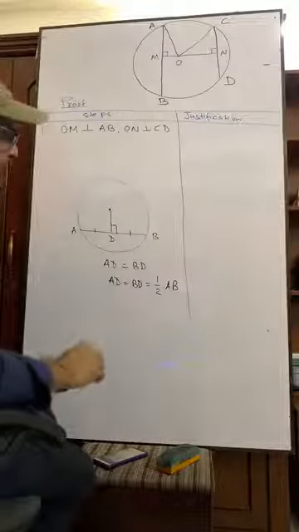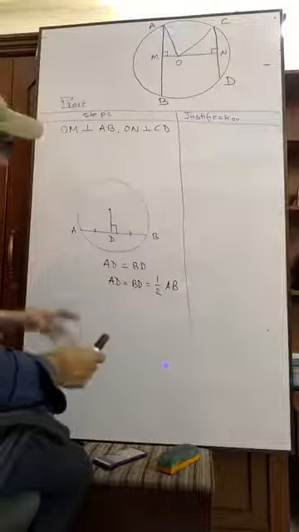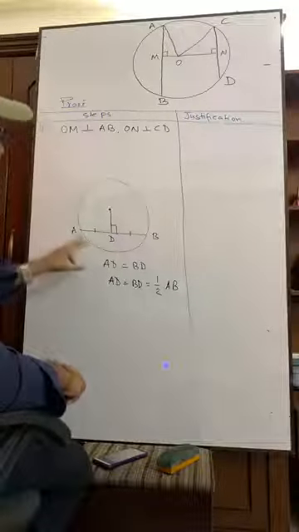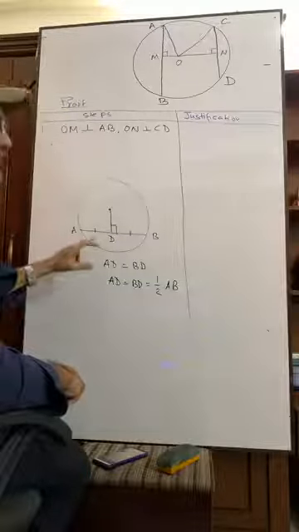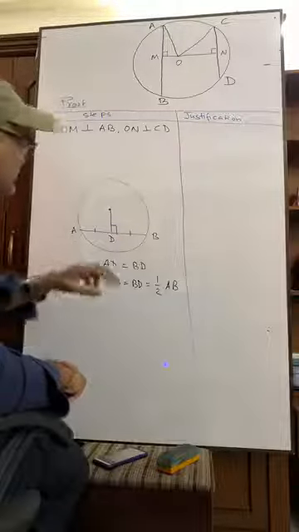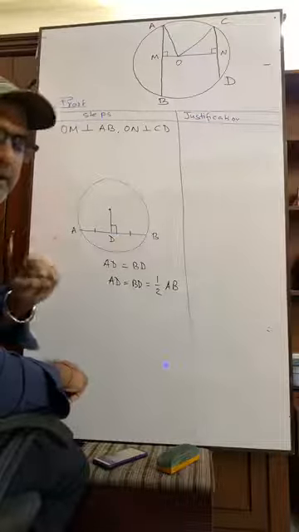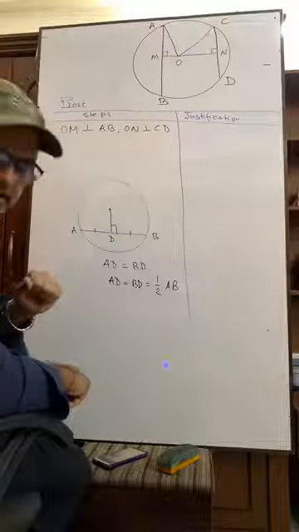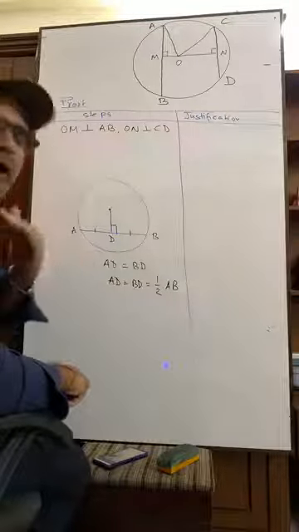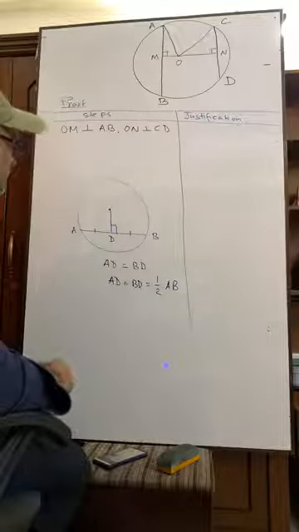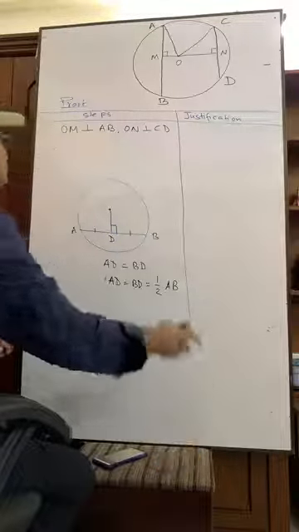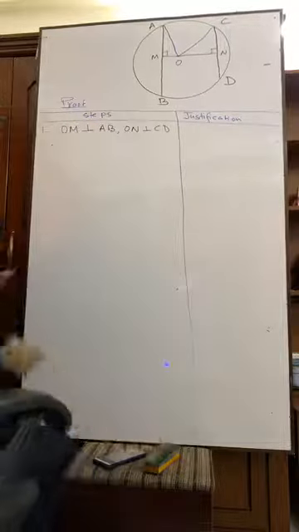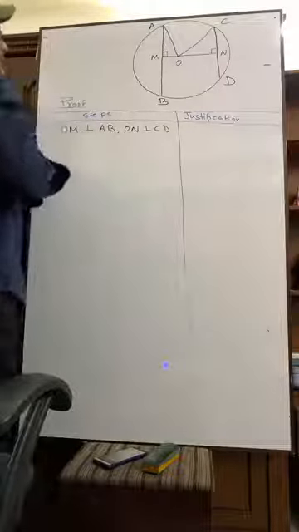Suppose the chord's length is 10 centimeter. If AB is 10 centimeter, then AD equals 5 centimeter and BD equals 5 centimeter. Here the length of the whole chord is 10 centimeter, so its half is 5 centimeter. You understand? Then we can write here, AM.